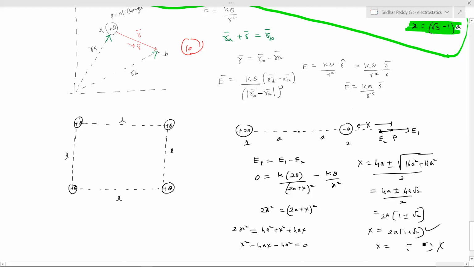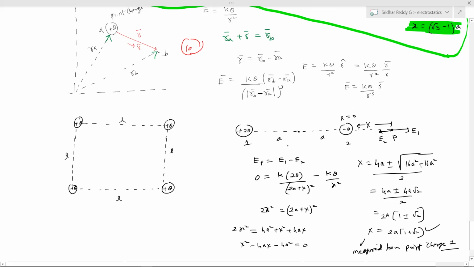So the field will be 0 at a distance of 2a(1 plus root 2) from point charge q, because the x is what I measured from here, from point charge q. A student has to really analyze where the field will be 0 when identical point charges or different point charges are kept.